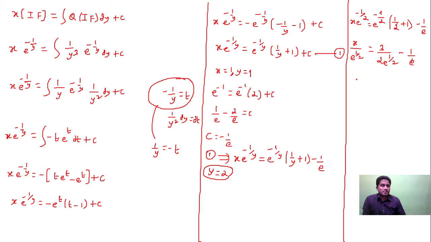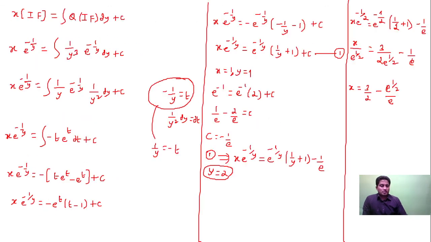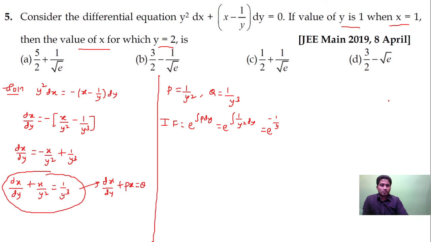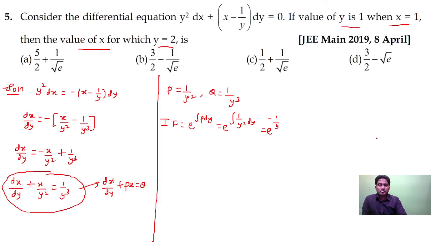If you cross multiply, you get x is equal to 3 by 2 minus e power half divided by e. E power half divided by e is equal to 1 by root e. So x is equal to 3 by 2 minus 1 by root e. That's the answer, guys. The answer will be option B.